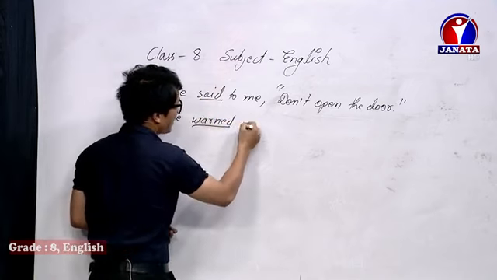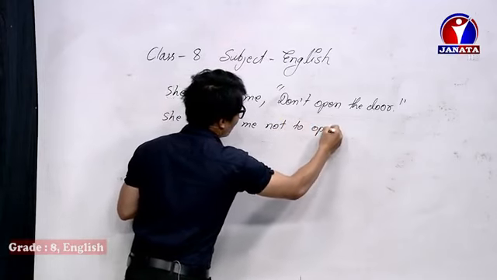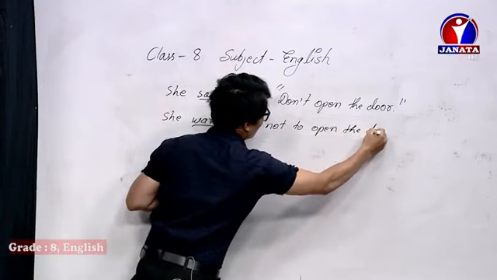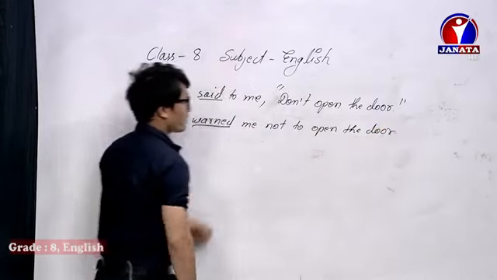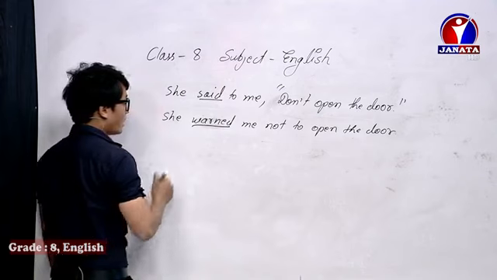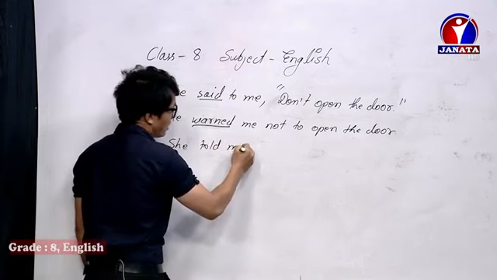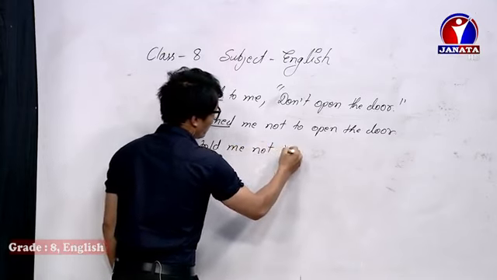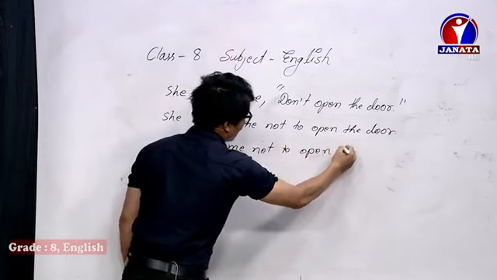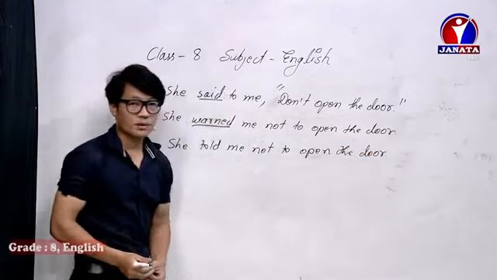She warned me not to open the door. Or if you think that is not a warning, then you can write she told me not to open the door. Okay? So you can write in two ways.